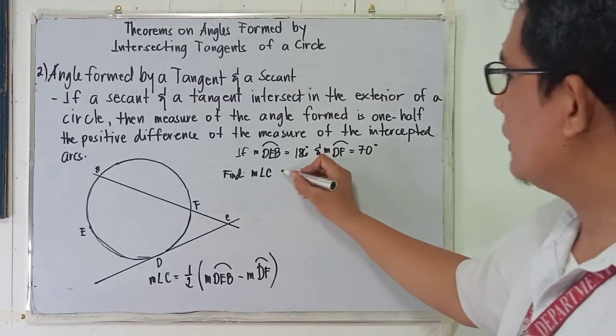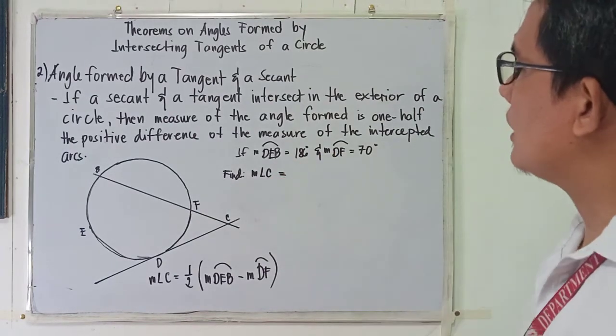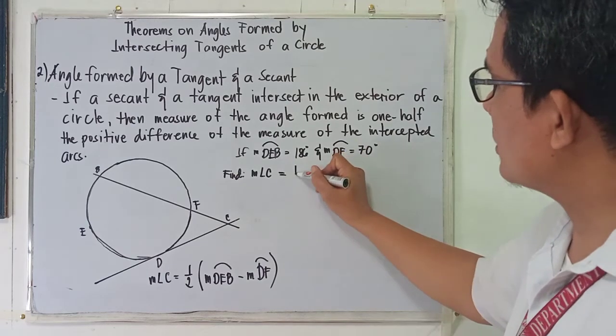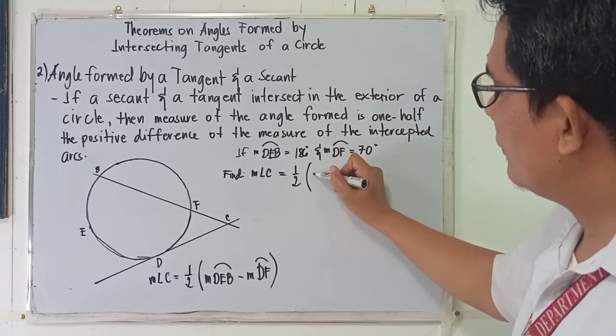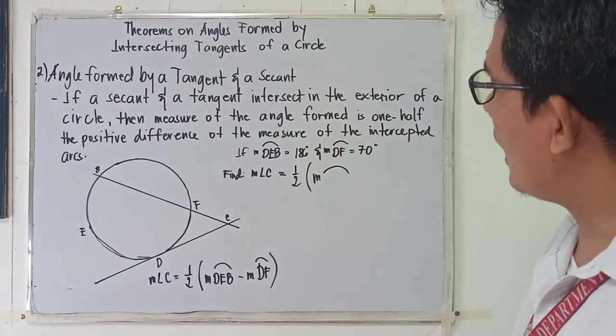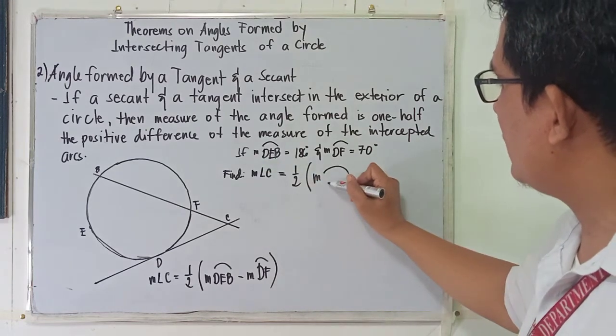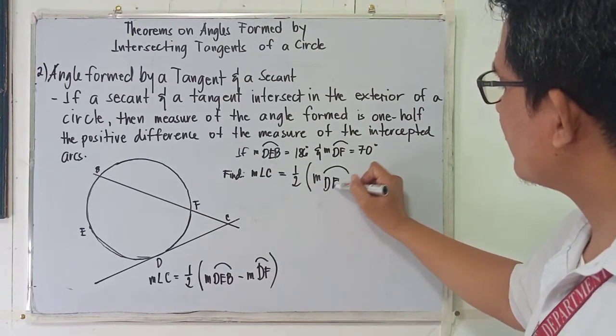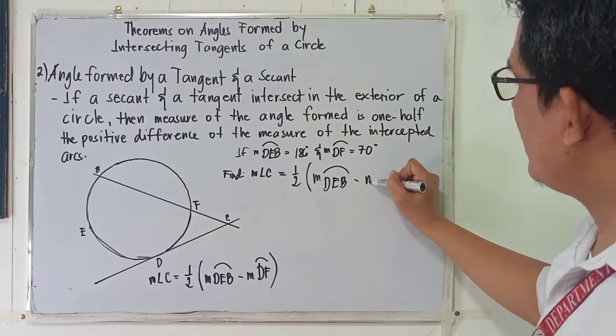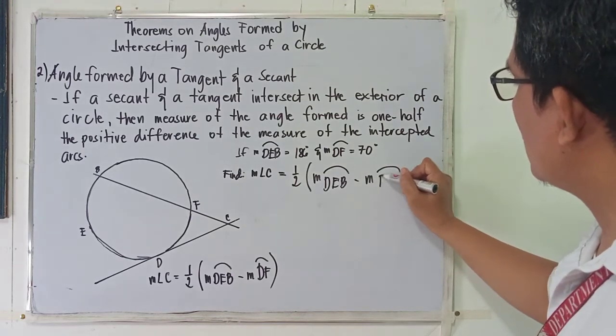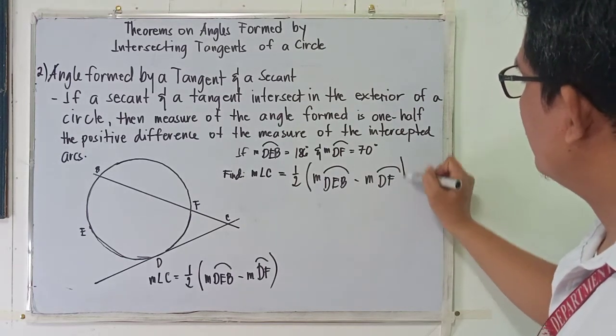Therefore, the measure of angle C is equal to 1/2 the measure of the bigger arc, DEB, minus the measure of the smaller arc, DF.